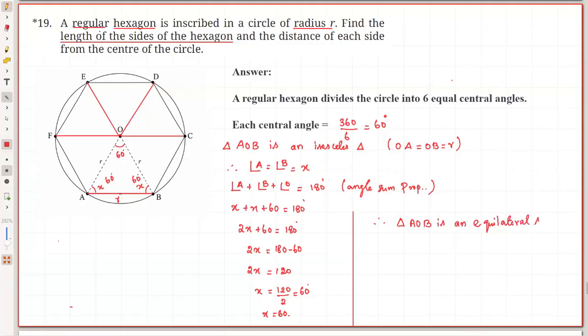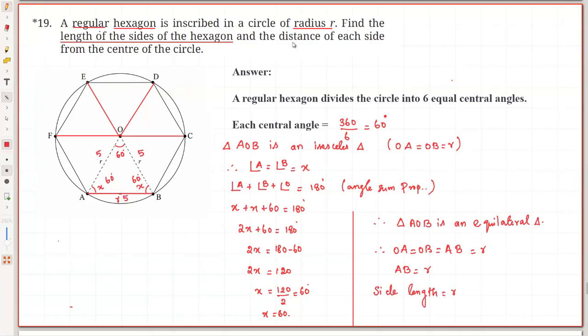If it's an equilateral triangle, all the sides are equal: OA is equal to OB is equal to AB. So we have to find out the length of AB. AB is equal to R. Here also we can write R. Side length is nothing but the radius, R.